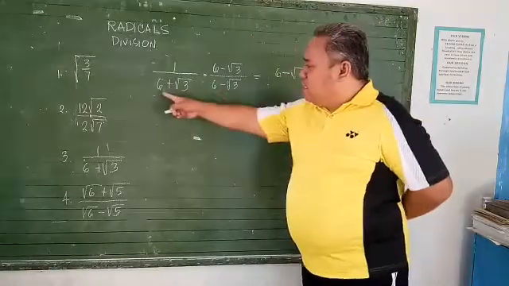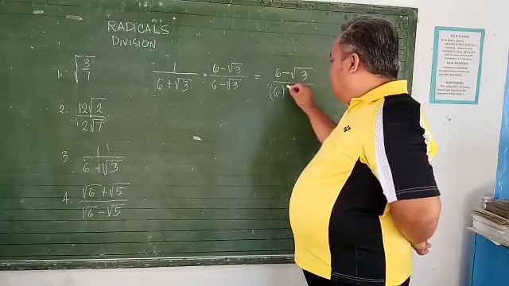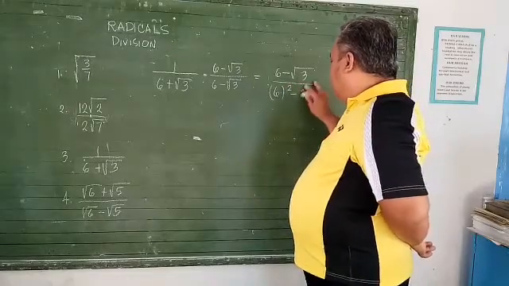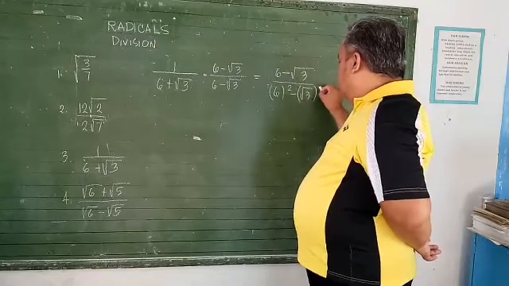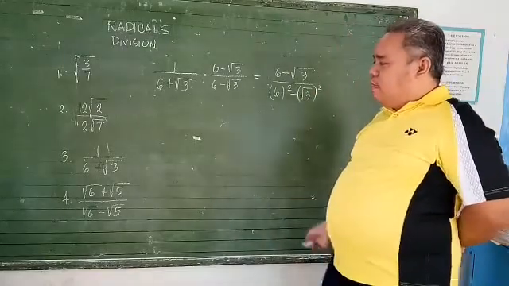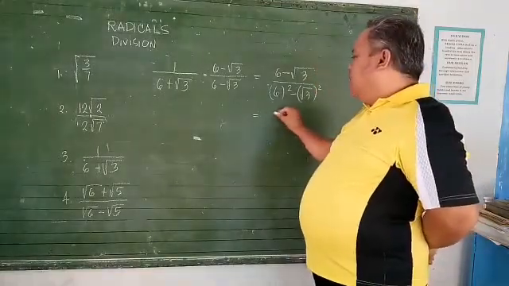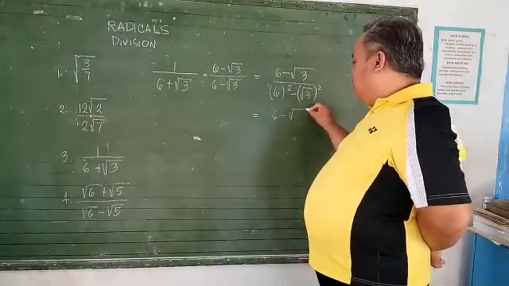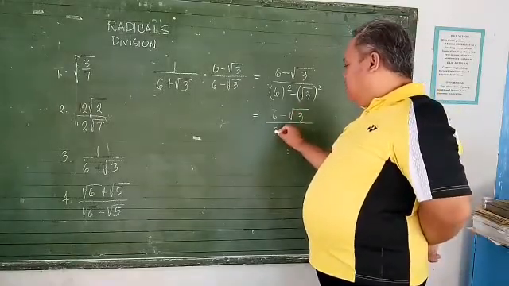And then, if you multiply, this will give you 6 minus square root of 3 over, at the bottom, 6 squared minus square root of 3 squared. Kasi it will result in a difference of two squares. At the bottom, it should be square of 6, that's 36.